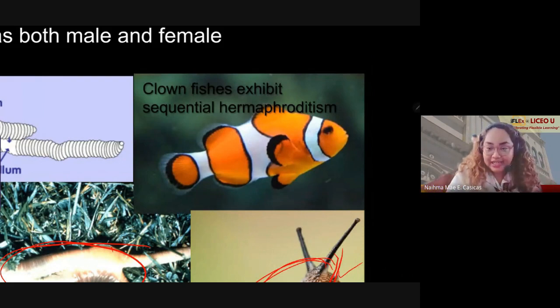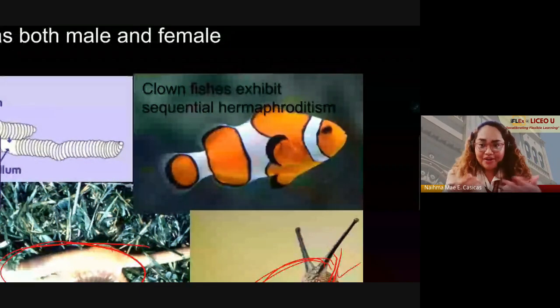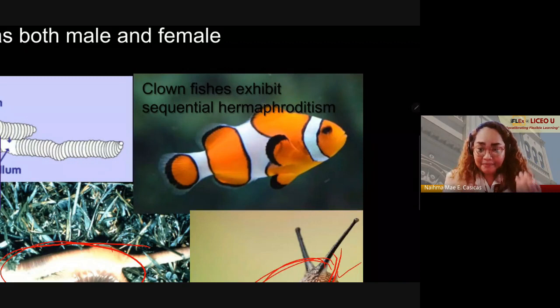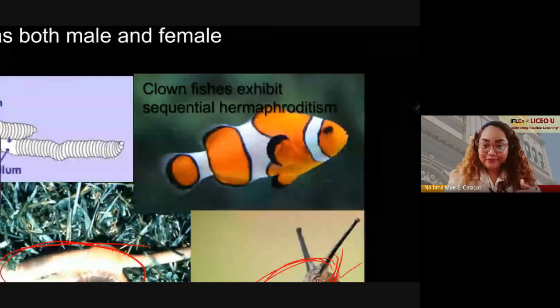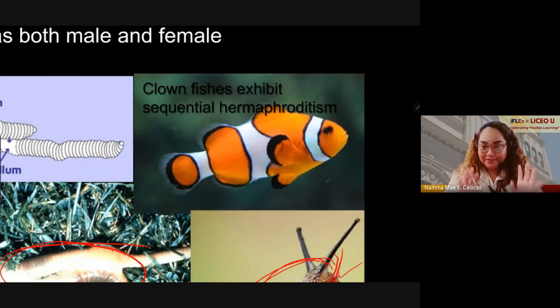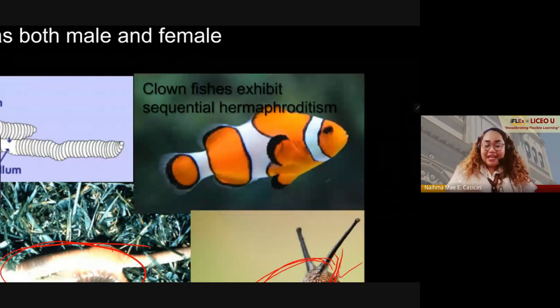Now it can be male, next time it can be female. Then it can go back to being male, then next time female again, and so on and so forth, depending on what is needed at that time. That is amazing, they can switch back and forth in their preferred sex or sexual presentation, depending on what is needed at that time. So that is your clownfish.